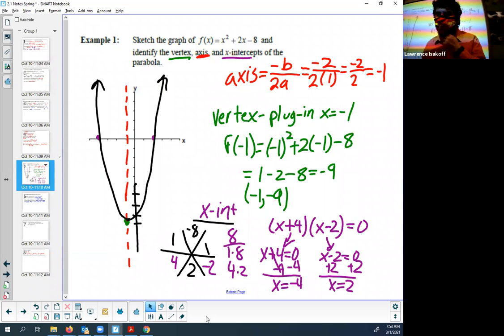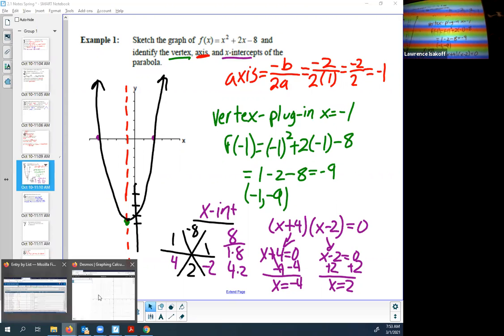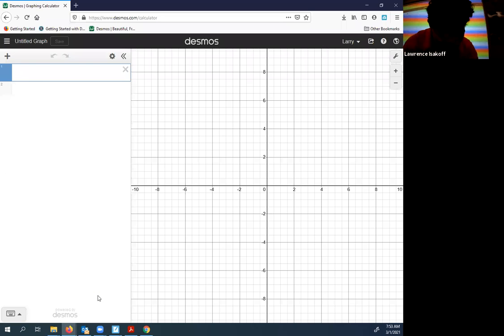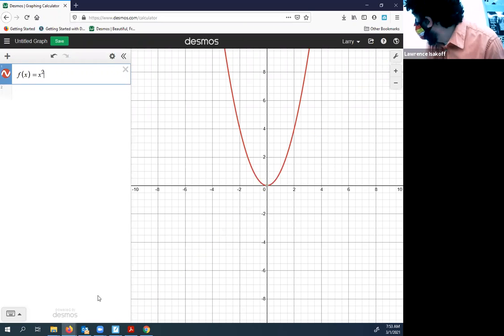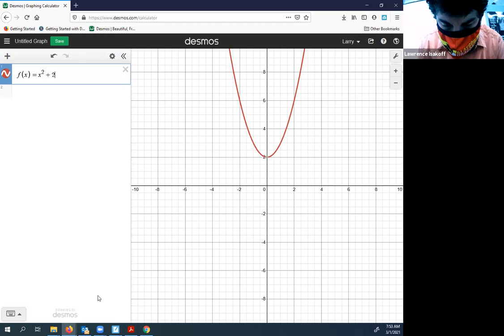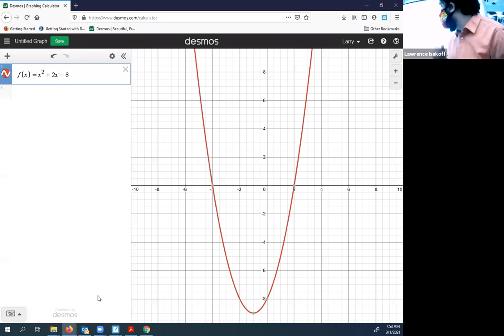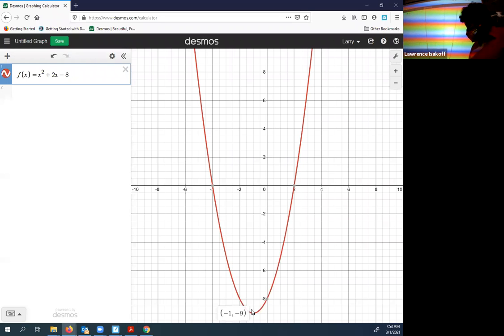Let's take a look at Desmos quickly and see pulling the same information from there. So this was f of x is equal to x squared plus 2x minus 8. So here is my vertex.